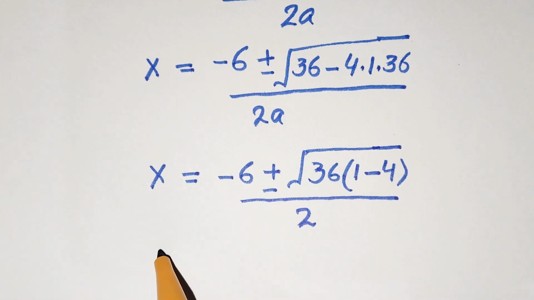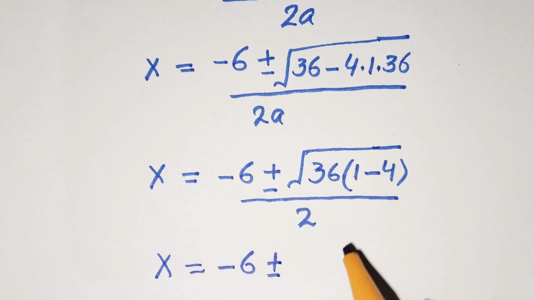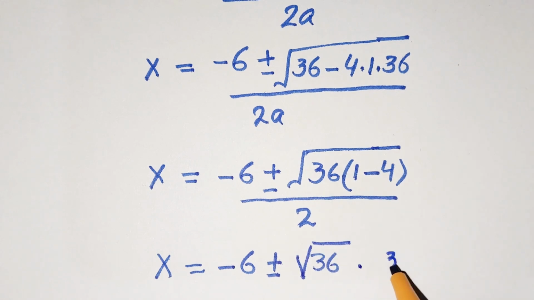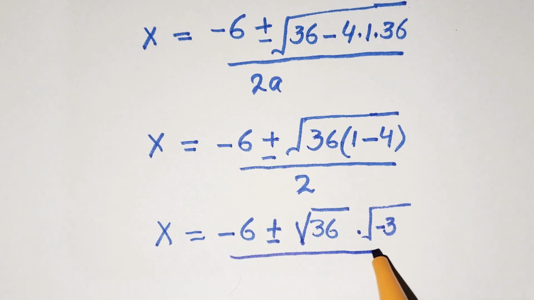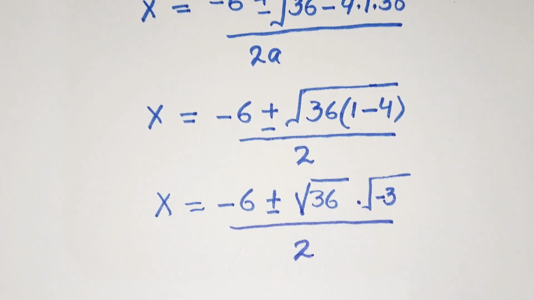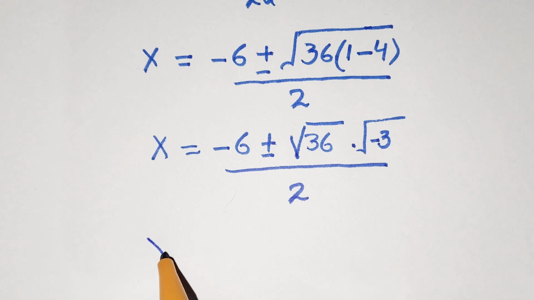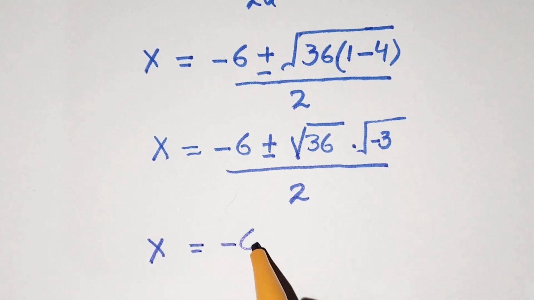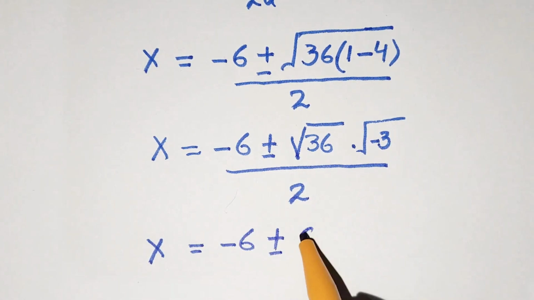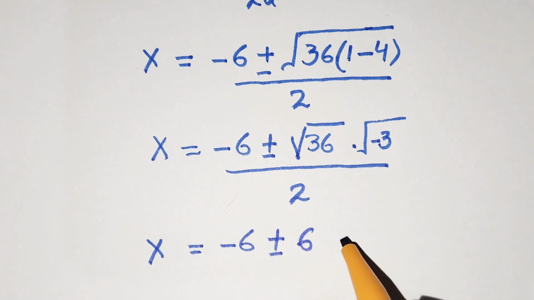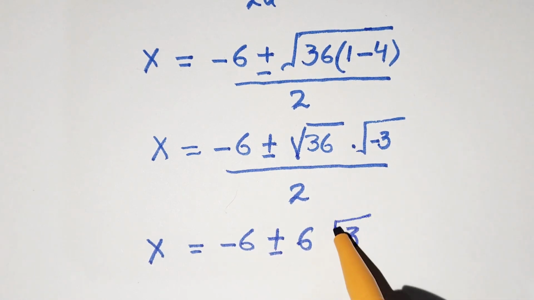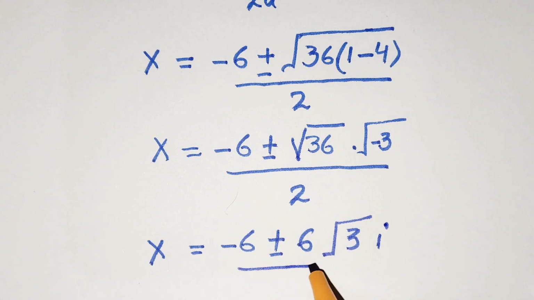So now x is equal to minus 6 plus minus square root of 36 times minus 3, divided by 2. So now x is equal to minus 6 plus minus square root of 36, which is 6, and the square root of minus 3 is square root of 3 i, divided by 2.